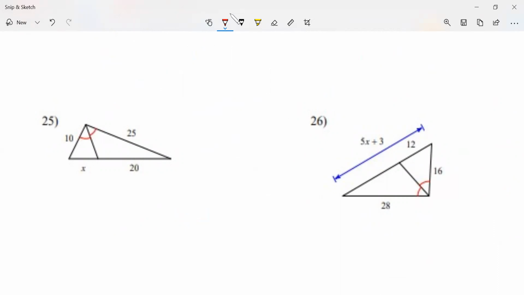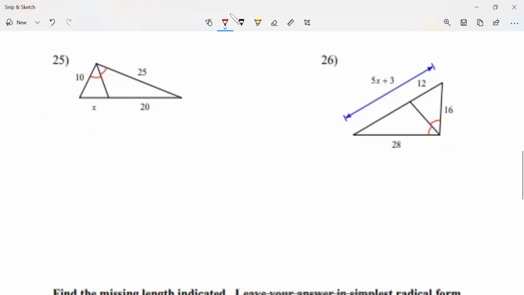Now this thing, I must know the four sides, the four small sides. So 2 sides per triangle. Number 25, I'm given what I need. Number 26, I'm going to have to work something out. Like I said, I need 2 measurements per triangle.